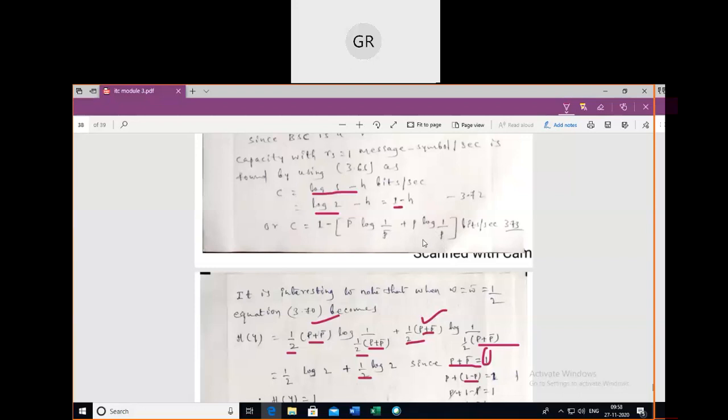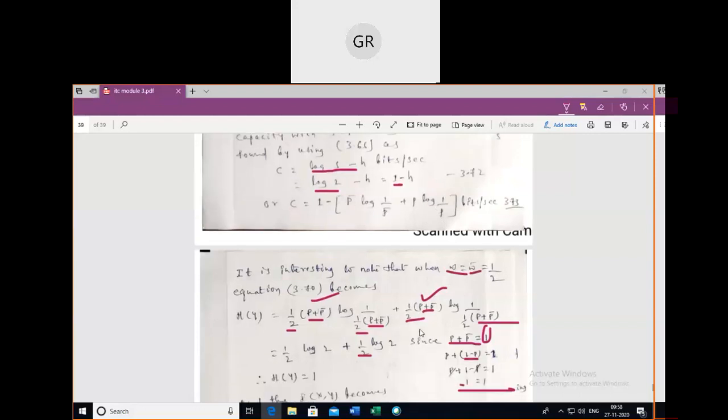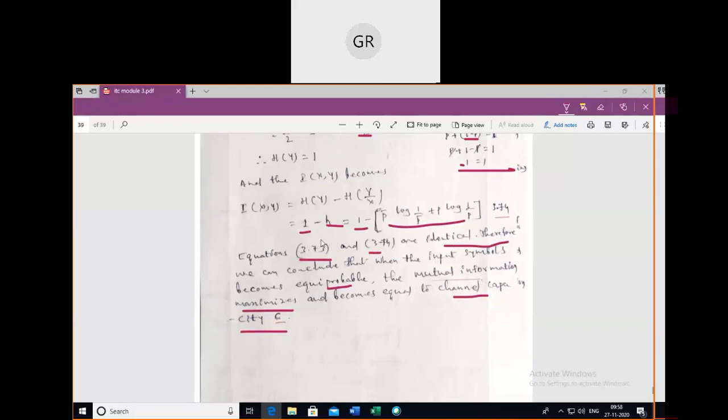X1, coded as 0, its probability is W. Second symbol X2, its probability is W bar, and it's coded as 1. Now both W and W bar equal to 1, and that means equiprobable. So here equations 3.73 and 3.74 are identical.